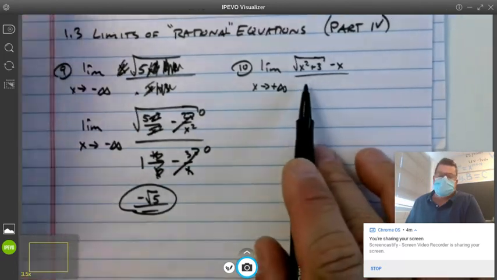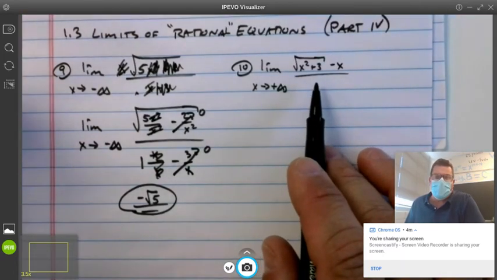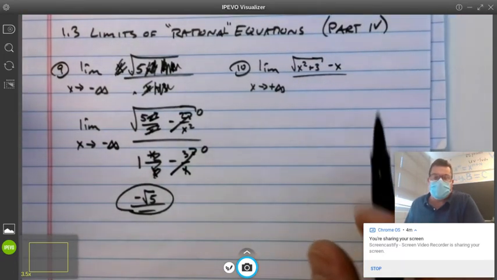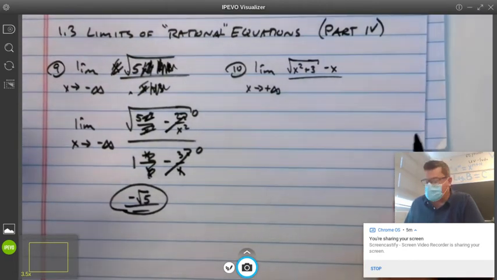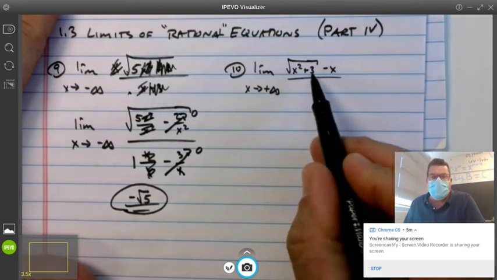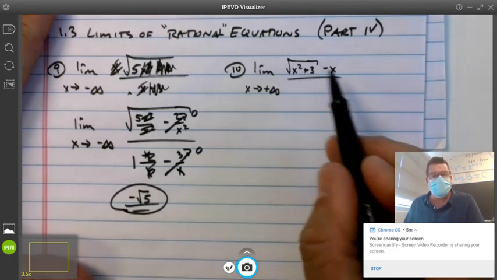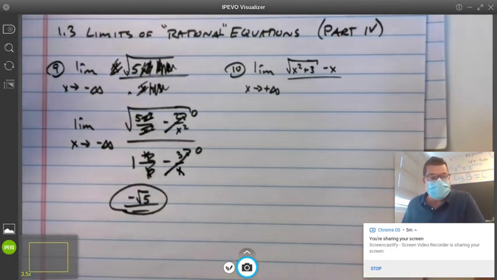On this one, this is strange, and some of the problems that you will have on your Pearson or MyOpenMathLab, you'll have rational equations, and sometimes the radicals on the top. They've been rationalized.